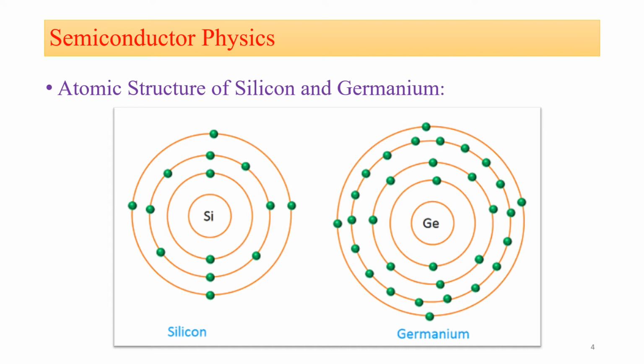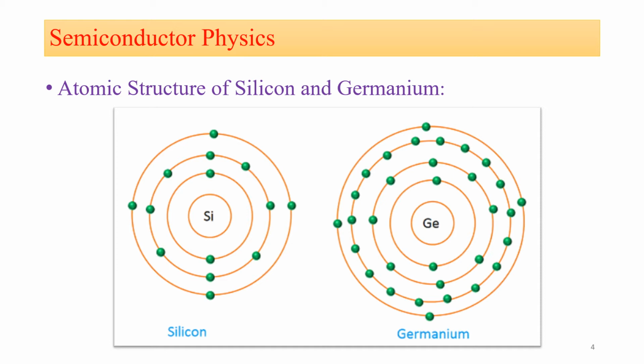As we know, the atomic number of silicon is 14, so 14 minus 10 equals 4 electrons, meaning 4 electrons are remaining. So the third orbit can accommodate the remaining 4 electrons. So there are a total of 4 electrons in the third orbit of the silicon atom.